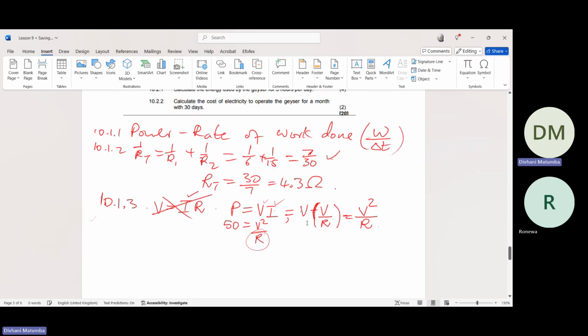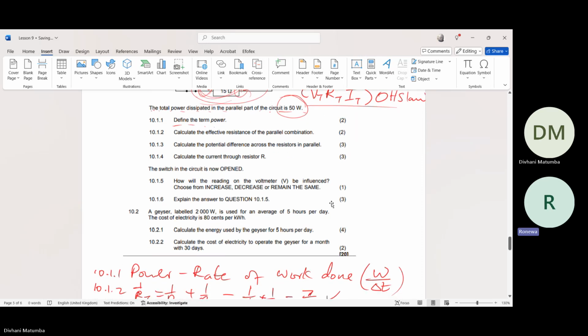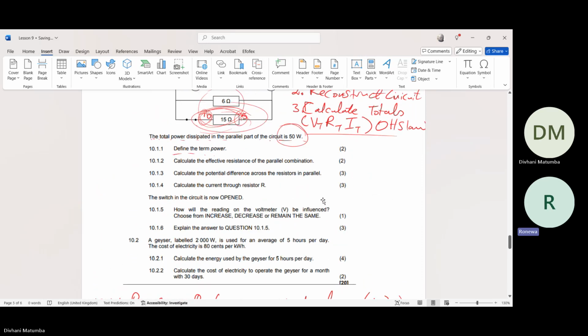Let's go to the question. Calculate the potential difference across the resistors in parallel. Okay. So can I see the diagram?